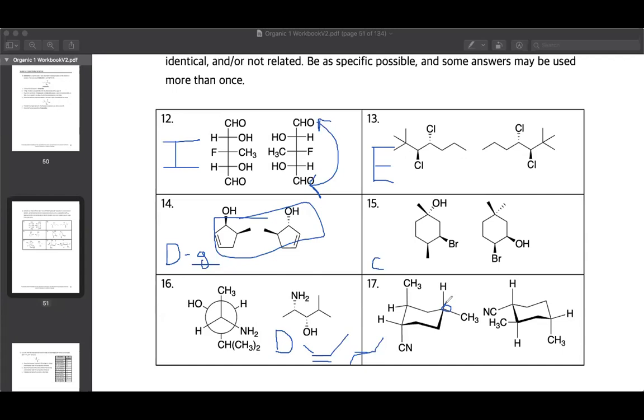You all follow that? Then 4 is pulled down, and if we want that axial, it also has to be down like that. And then 5 would have to be up. So if I want 5 to be up, I would want that to be a wedged methyl. Okay, so that's the structure for the first one.